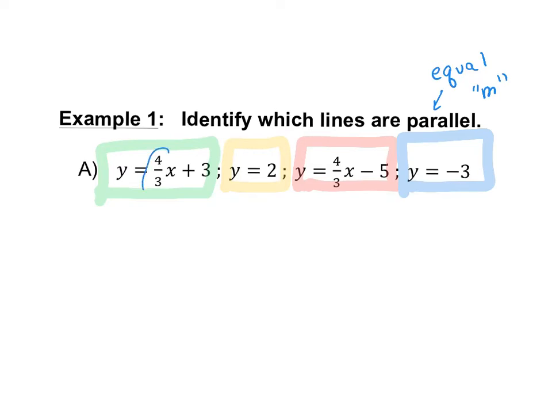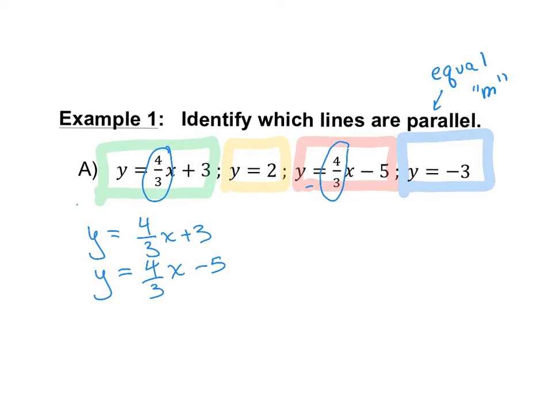Well, the slope of this line is 4/3, as is the slope of this line. So these two lines, y equals 4/3 x plus 3 and y equals 4/3 x minus 5 are parallel. And those two little lines that are slanted is the symbol for parallel.